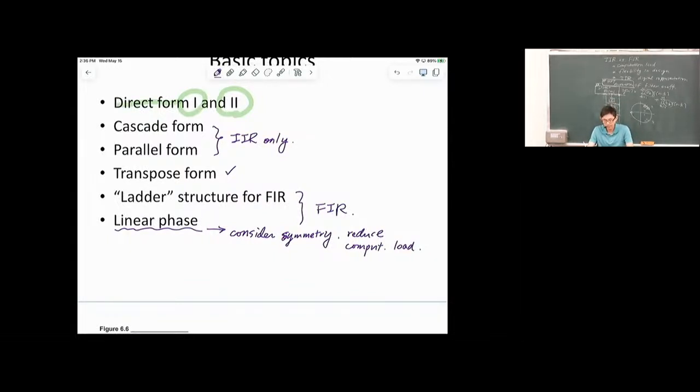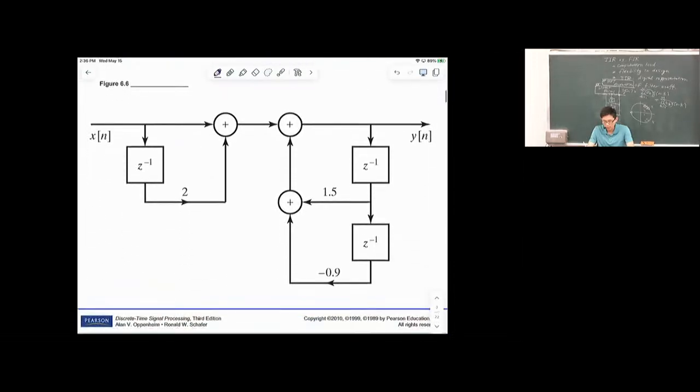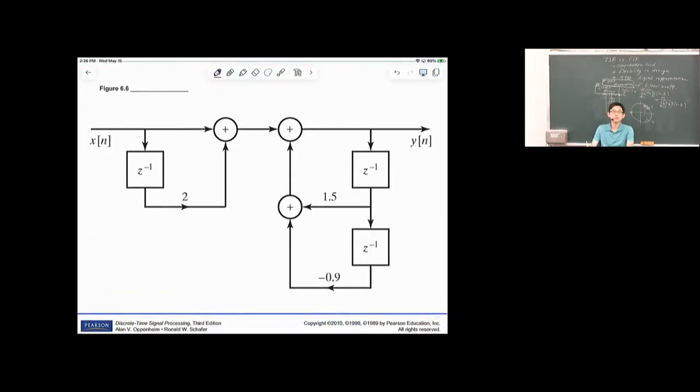So far so good? Okay, so let's now directly jump ahead to talk about our first direct form. Take a look at this system. Even before you learn this, can you tell me what the transfer function, the system function, is?